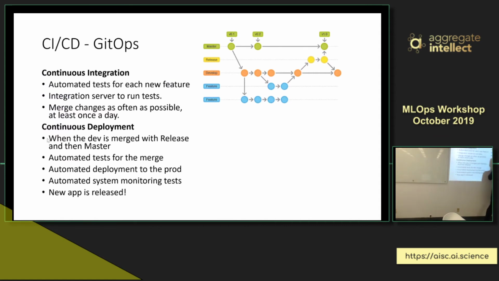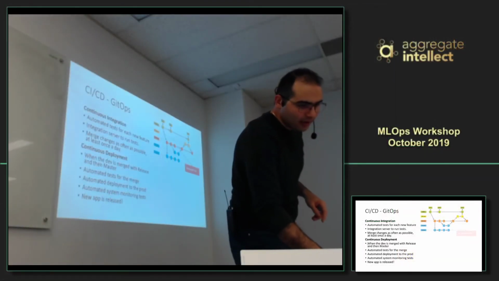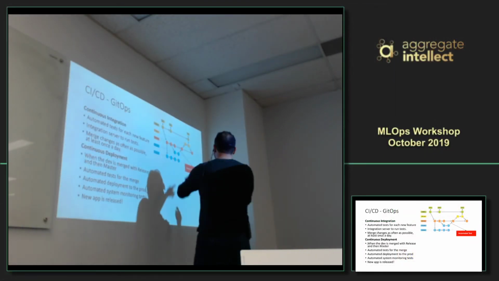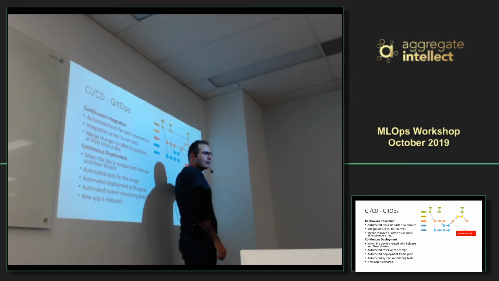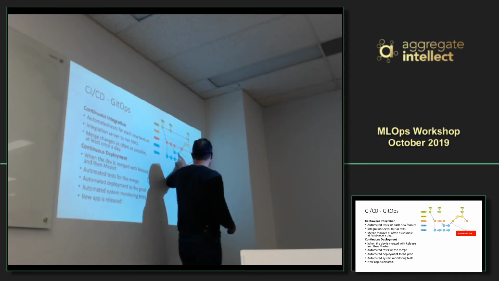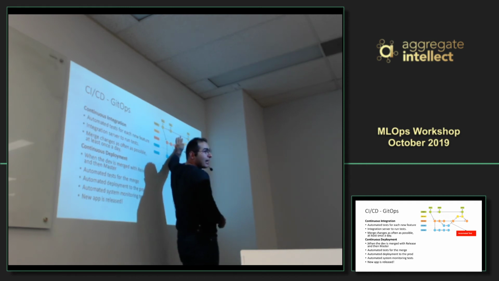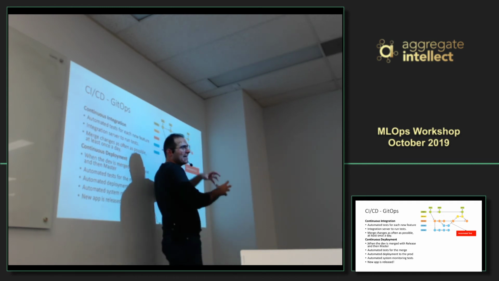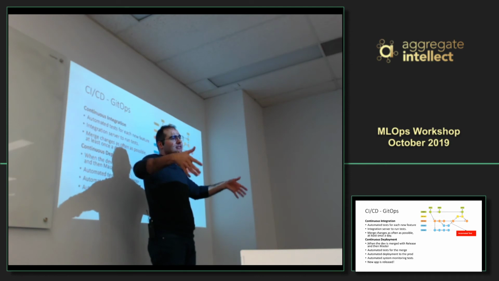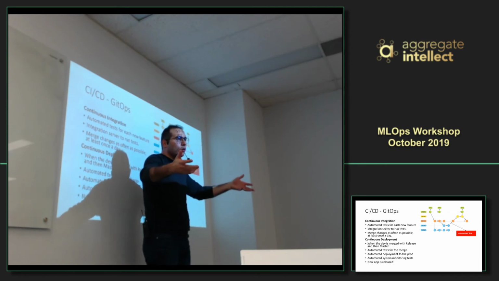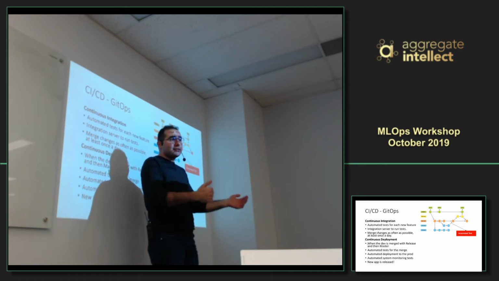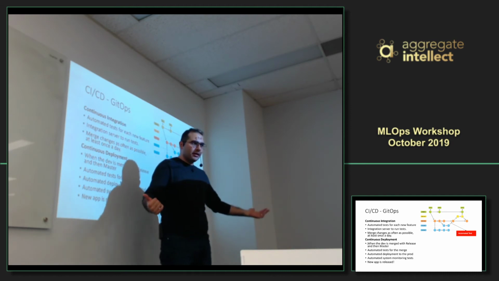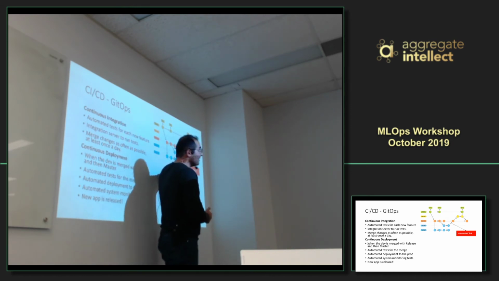Whenever we have a merge happening here, we want to make sure that a couple of tests happen, so that all of the modifications we made in the feature, when we bring it back to the master branch, don't break anything else. That's basically the ultimate goal of a CI pipeline. The tests can range from very simple to very complicated, but we want to make it automated.